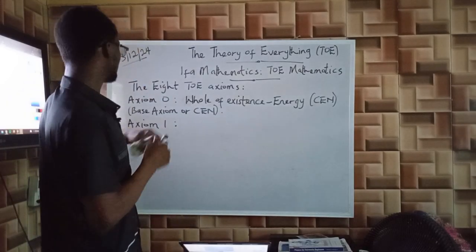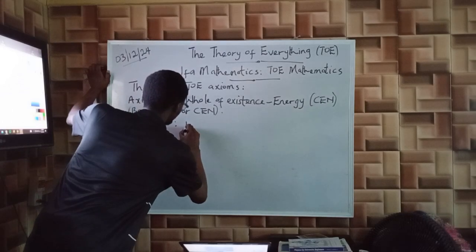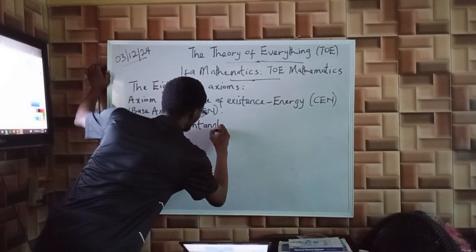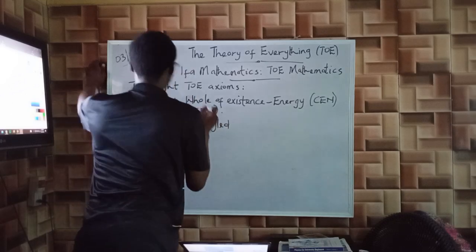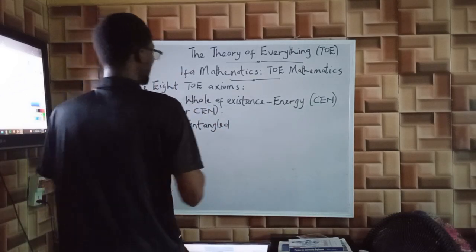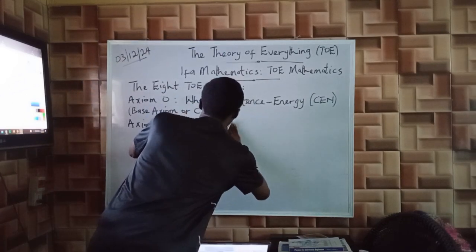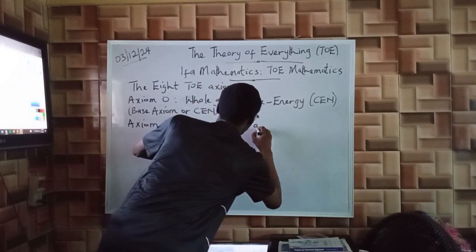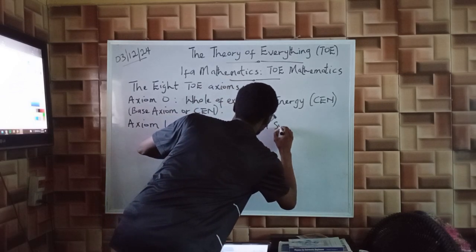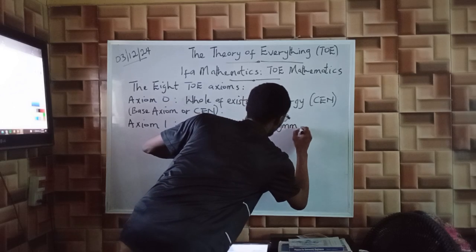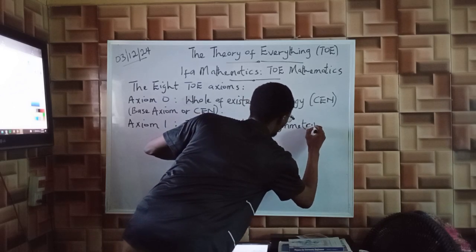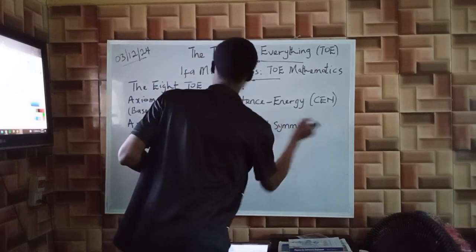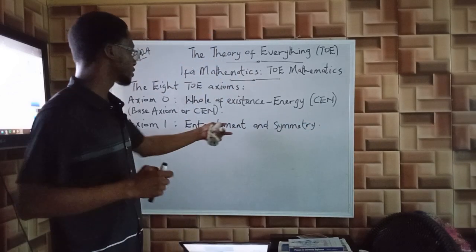The axiom states that all things in existence are connected and balance one another. So that is axiom 1. It is all about entanglement and symmetry.